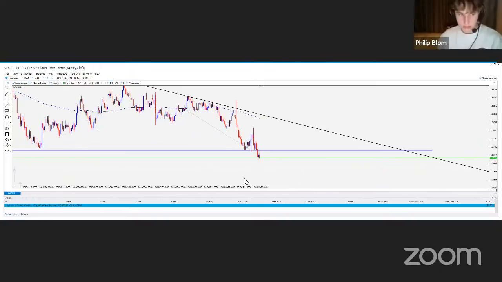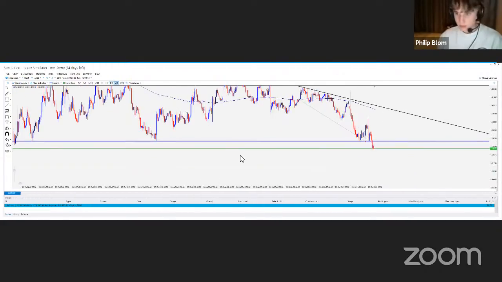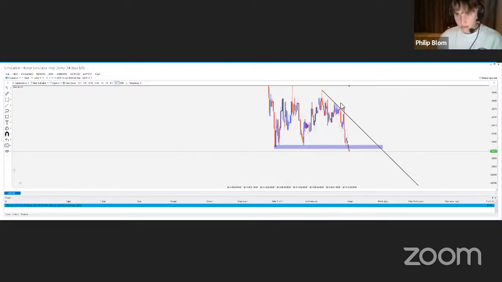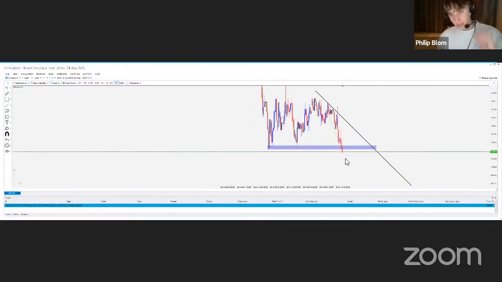So we broke below. Let's see here on the weekly. Even though we broke below previous lows, as price is so oversold, I wouldn't be looking for sells at this point. After just constant downside movement without any actual retest, it would be too oversold for me to get in sells.